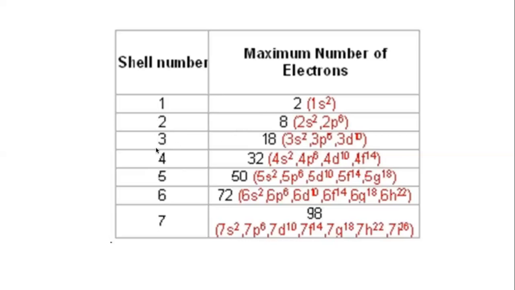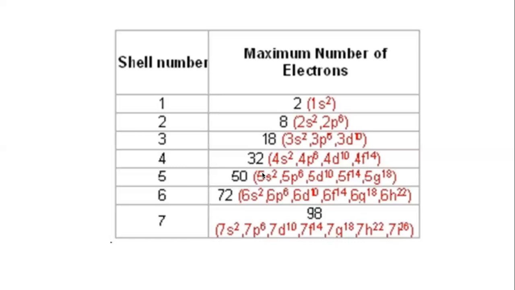When we go to our third shell, now we have S, P, and D subshells. S can always fit 2 electrons. P can always hold 6. And for D, we can put 10. So if we do 2 plus 6 plus 10, we get 18 total. And we're going to stop at the fourth shell for this class.